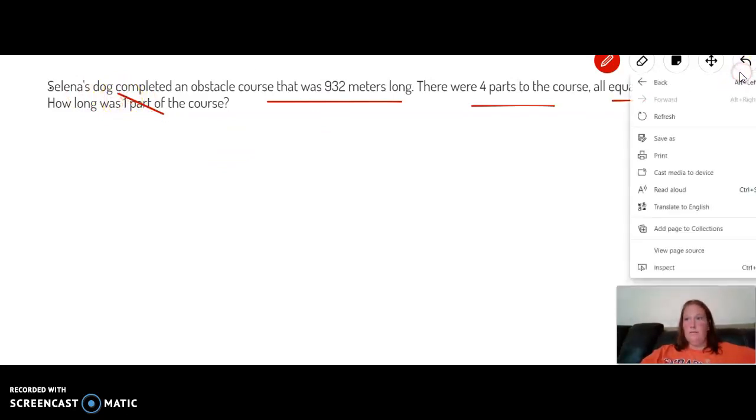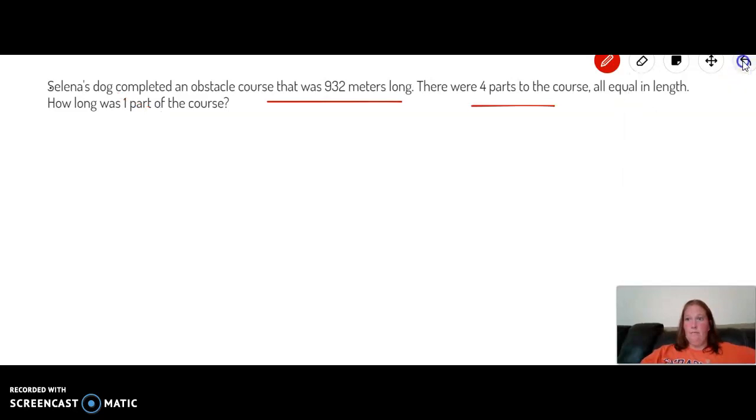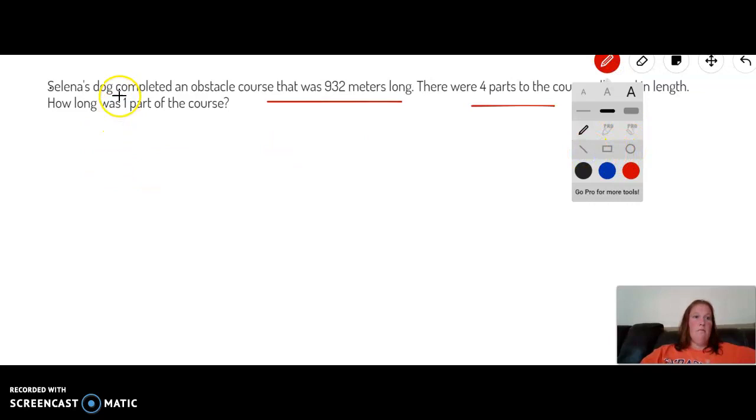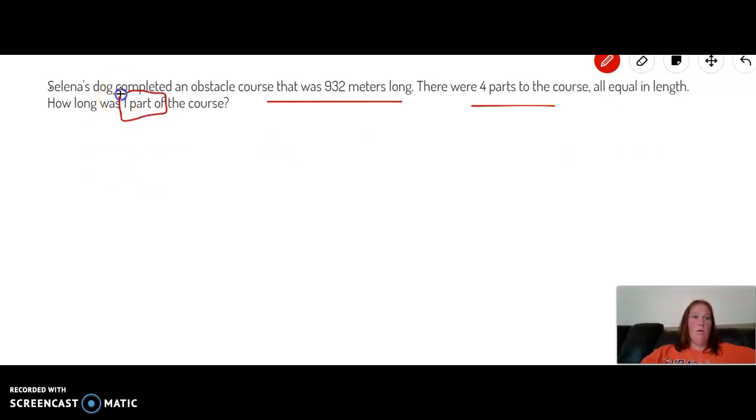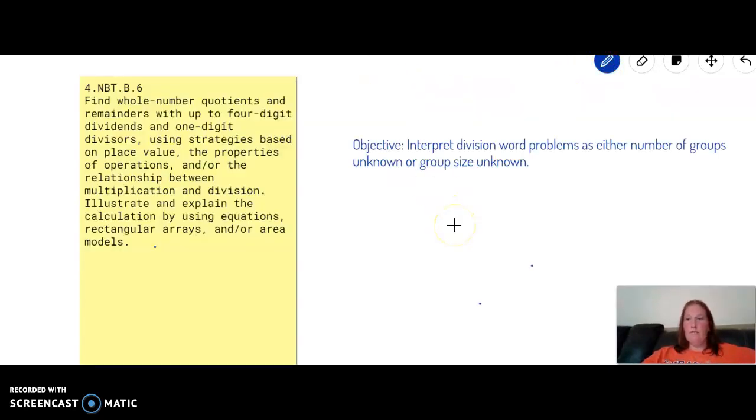Let's fix that. How much is one part? Okay, so we know, if we look back at our objective, we know the number of groups, okay? But the group size, like what is in the group, is unknown.